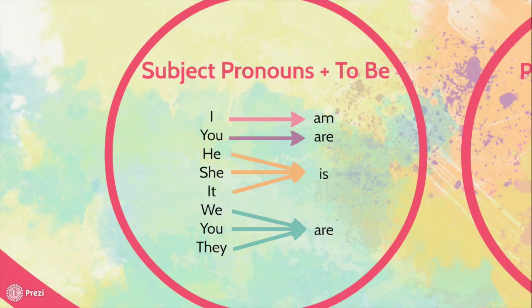La segunda persona en plural es ustedes y utilizamos el verbo are para cualquier oración. The third person in plural is they. We use they with are. La tercera persona en plural es ellos, ellas, esos. Y utilizamos are para cualquier oración.